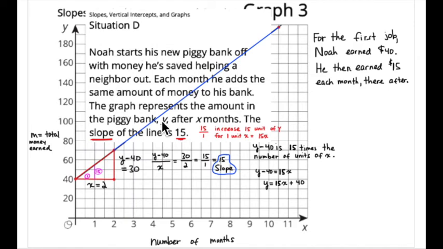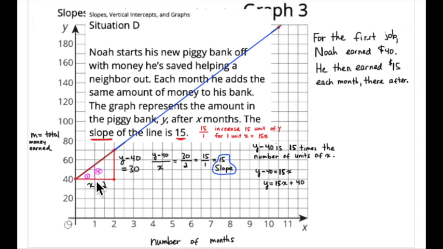It's this story right here. And Noah is collecting money in his piggy bank. The vertical axis is the total money earned. So that means that he started off with $40 in his bank before he started keeping track of that. So this is plus 40, so he started off with $40, and each month he added $15 to his bank.